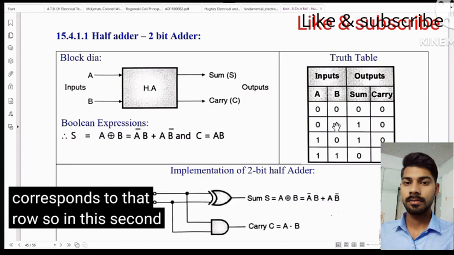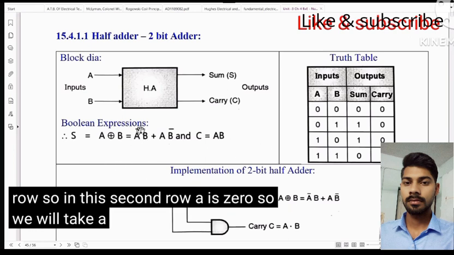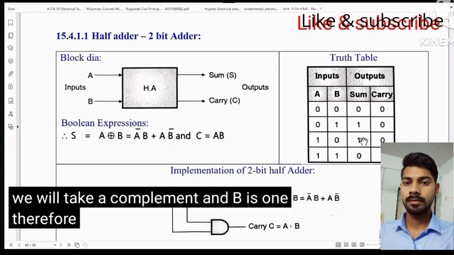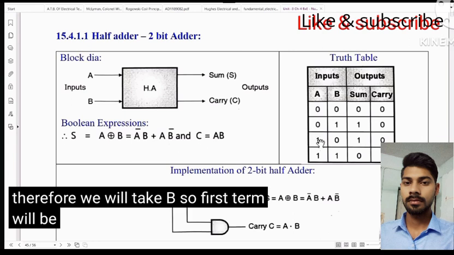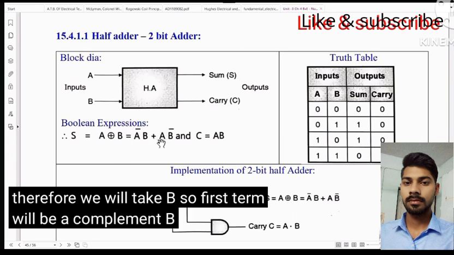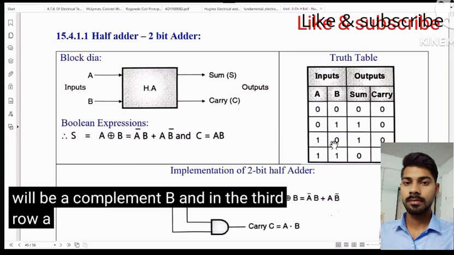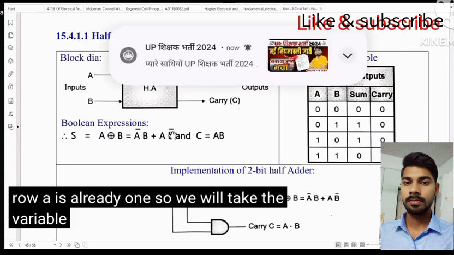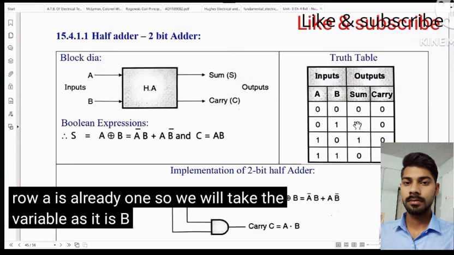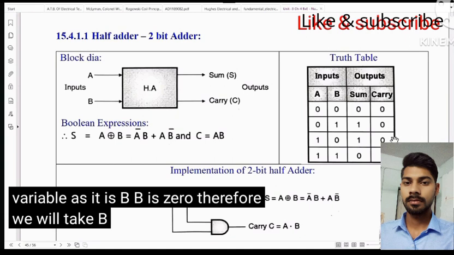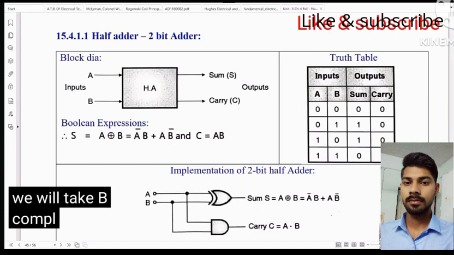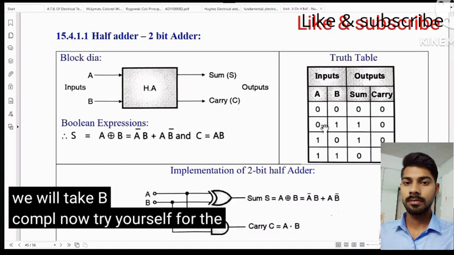So in this second row, A is 0, so we will take A complement, and B is 1, therefore we will take B. So the first term will be A complement B. And in the third row, A is already 1, so we will take the variable as it is. B is 0, therefore we will take B complement. Now try yourself for the carry output.